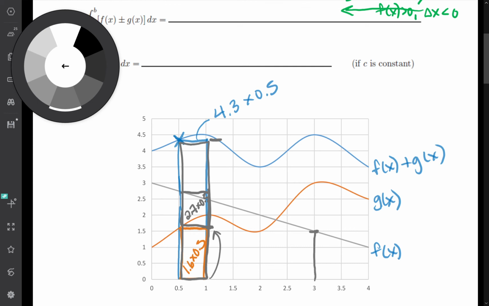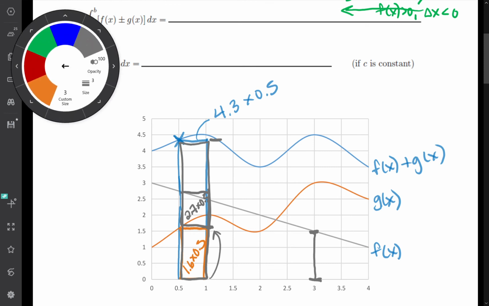You could think of that as taking the y value on one of the functions, and then tacking on top of that the y value of the other function. So notice right here, this y value is 3. And all I've done is shift that up and stack it on top of my y value of 1.5.